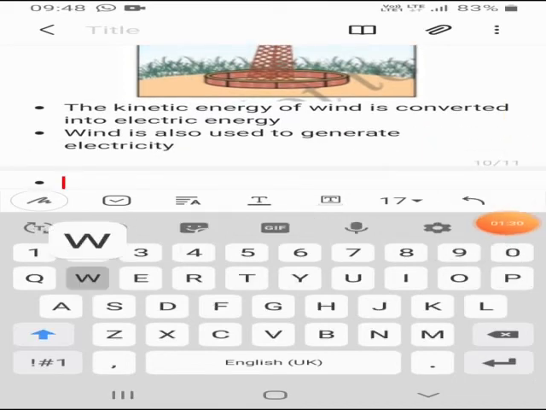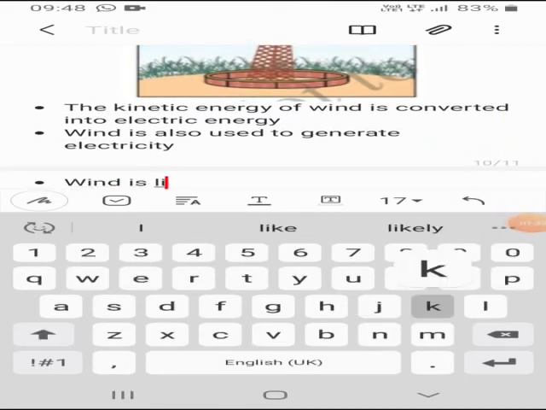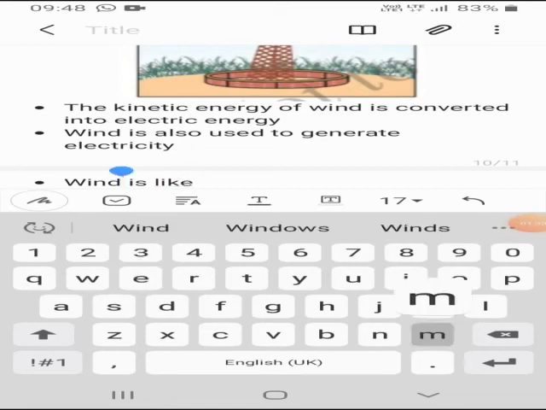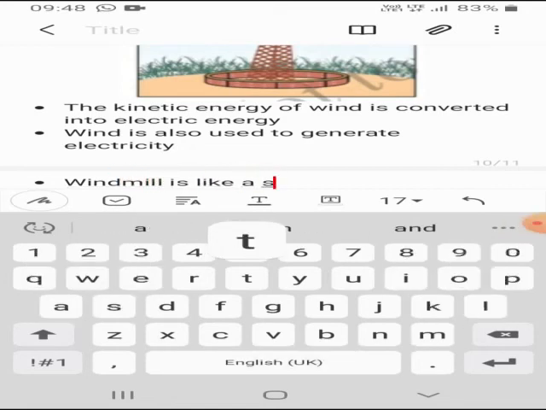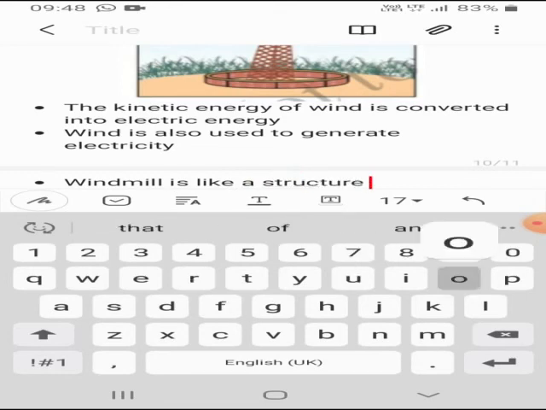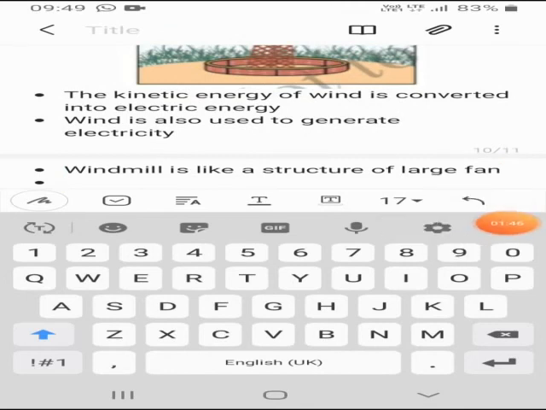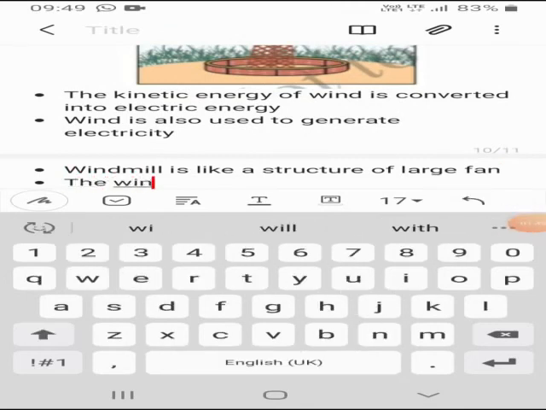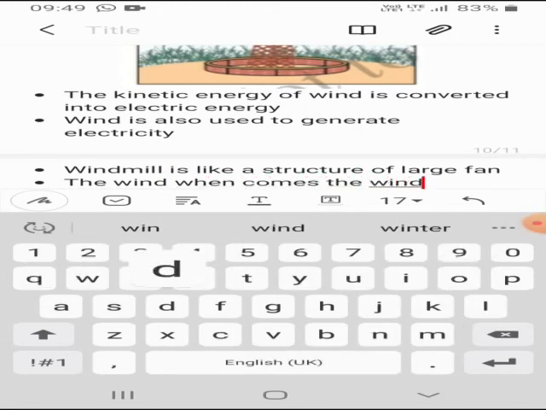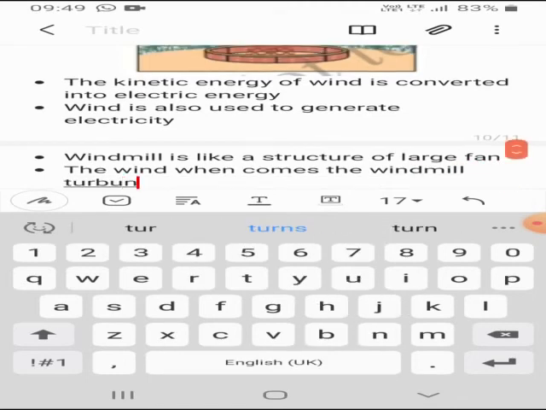A windmill is like a large fan structure. When the wind comes, the windmill rotates, the turbine rotates and produces current.